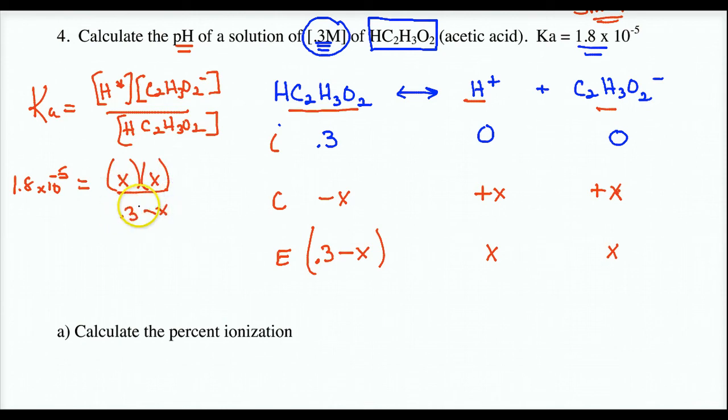Now, if we went this route and I kept this way, we'd come up with a quadratic formula, which would take us a long time to solve and would give us a lot of effort to solve for a number that's not going to help us. Isn't this x going to be very small because this Ka barely dissociates? And the answer is yes. Because we barely go forward, this number is so small compared to this number, it's not going to change this number.